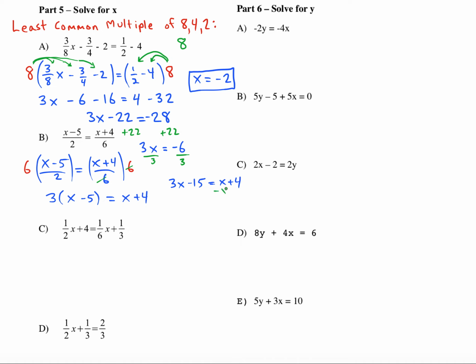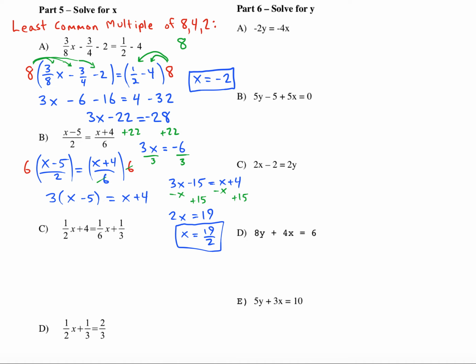Let's go ahead and move the x over to here, and let's move the 15 over to there. We'll get 2x equals 19, therefore x is 19 over 2. Great.